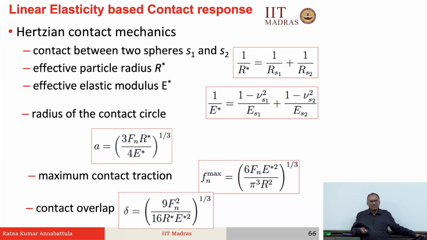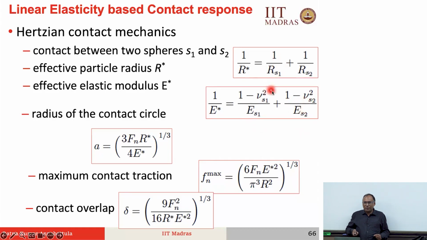So Hertzian contacts. Now let us look at two spheres, let us say S1 and S2. You have something called an effective particle radius, which is 1 over R star equals 1 over R1 plus 1 over R2, and we define an effective elastic modulus, that is 1 over E star is given by (1 minus nu1 square) by E1 plus (1 minus nu2 square) by E2, where E1 and nu1 are the elastic modulus and Poisson's ratio of particle 1, and vice versa.